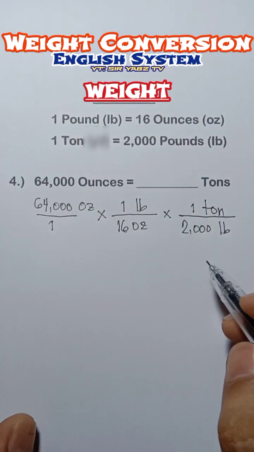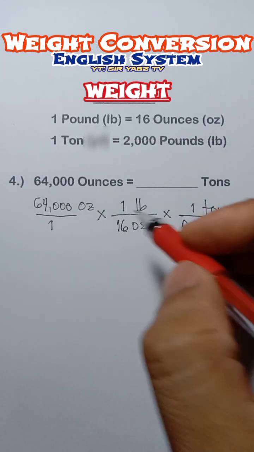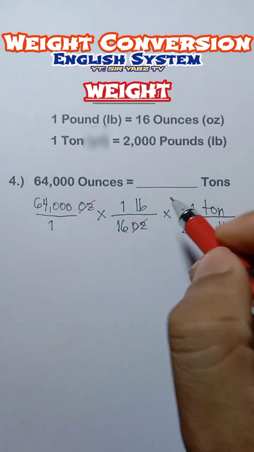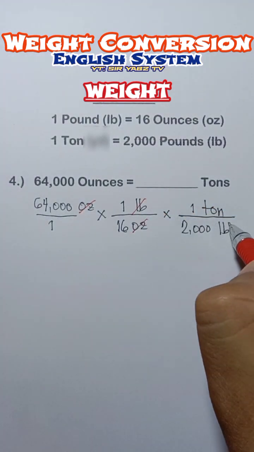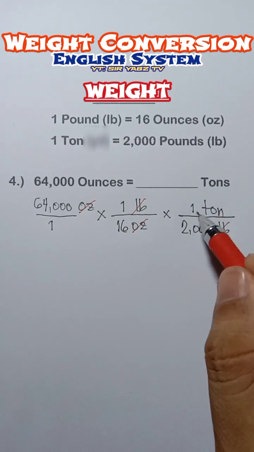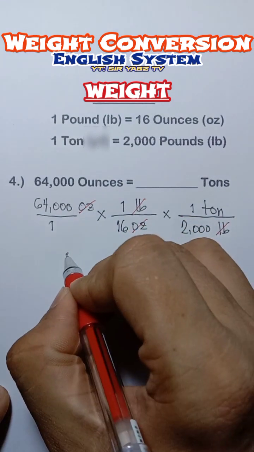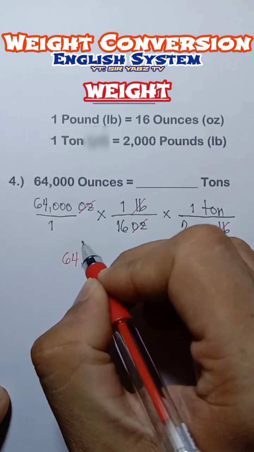So the same process, let's use the cancellation. Cancel out the ounce. Okay, and then the pounds, so that the remaining unit will be ton. Okay, so multiply 64,000 times 1 times 1 ton.